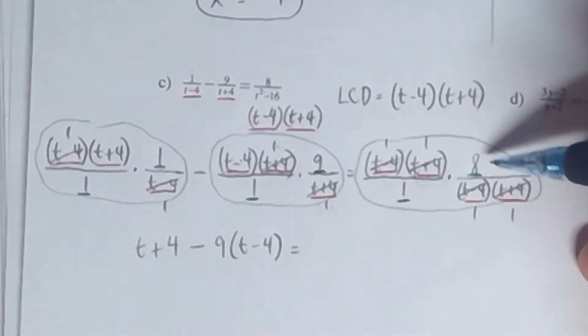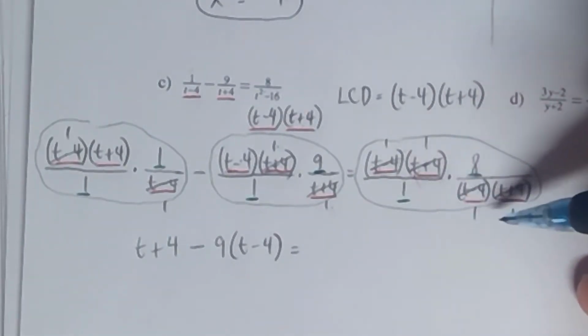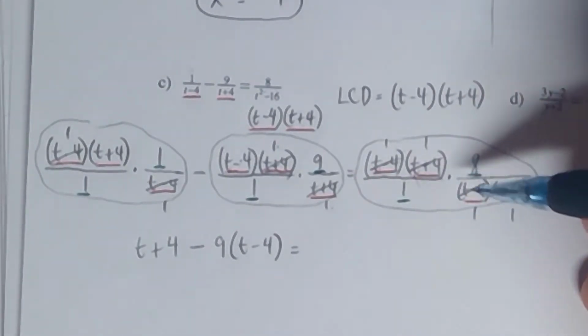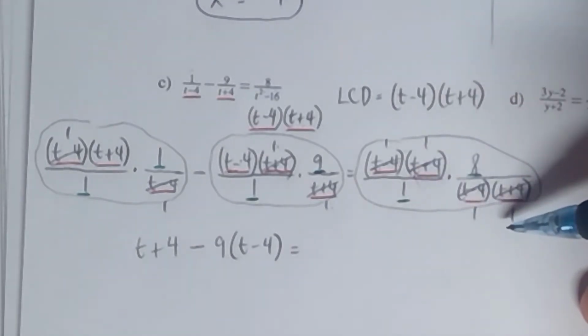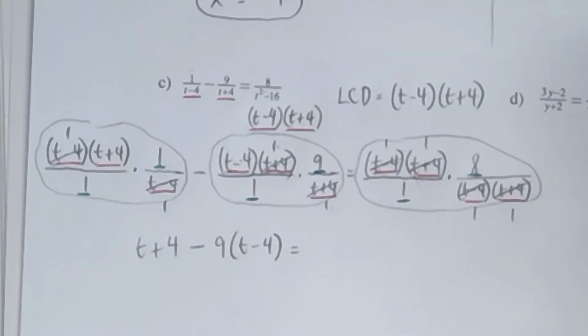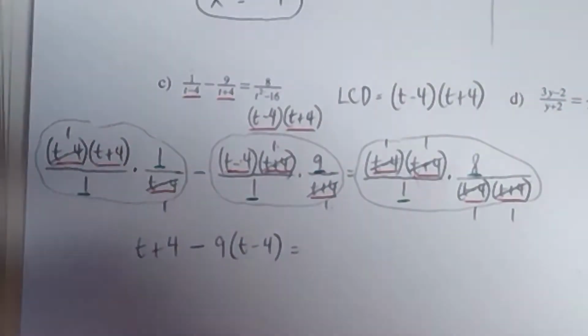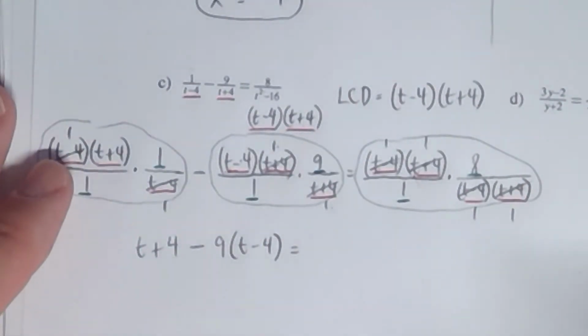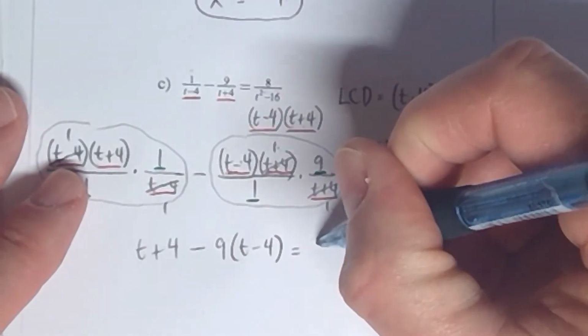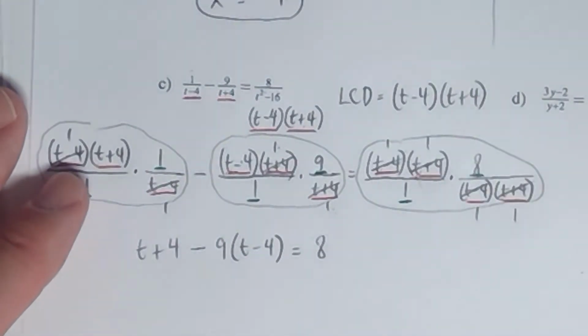You have 1 times 1 times 8 and 1 times 1 times 1 on the bottom. Again, it doesn't matter how many 1s you have on the bottom. As long as they're all 1s being multiplied, that means the denominator is going to be equal to 1, and the denominator will go away. That's what we want. So it's 8 over 1, which is 8.